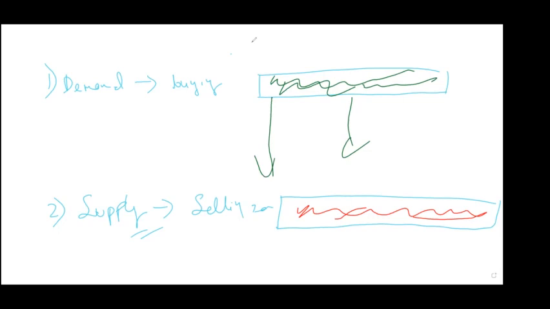So wait, I will make one chart. In the chart, you will always have the supply zone on the upper side, and most probably the demand zone is on the down.